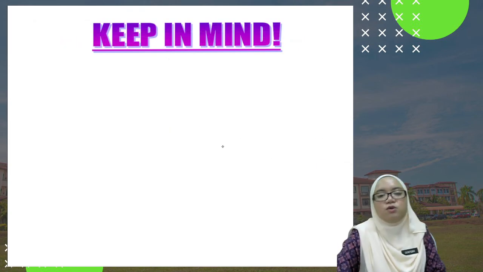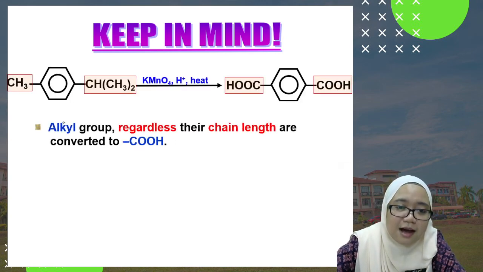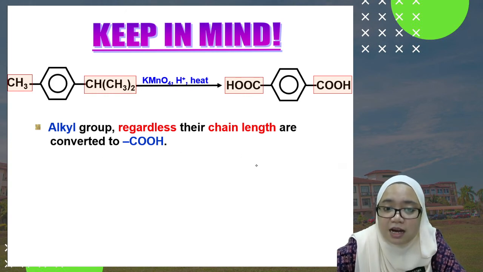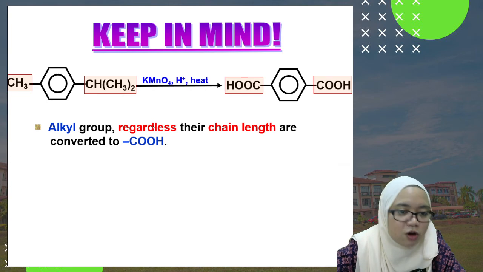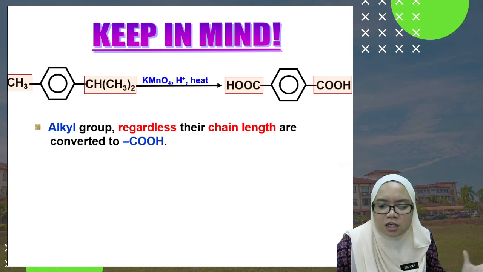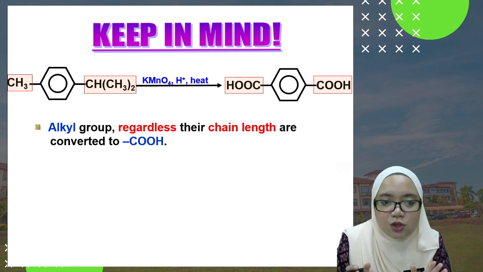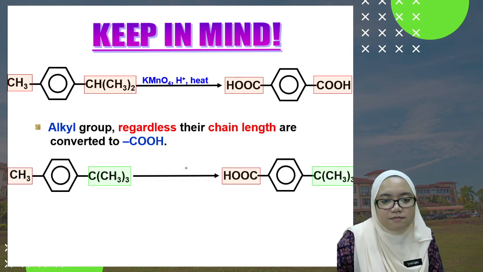So we need to keep in mind that alkyl group, regardless their chain length, bila dia undergo oxidation, kalau ada benzene ring, alkyl group yang attach dekat benzene ring, regardless of their chain length, it will be converted to COOH. Yang tak lebih daripada 6 lah kan, dia akan jadi benzoic acid.